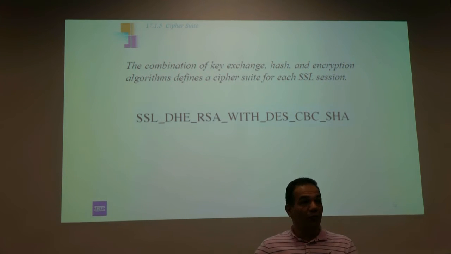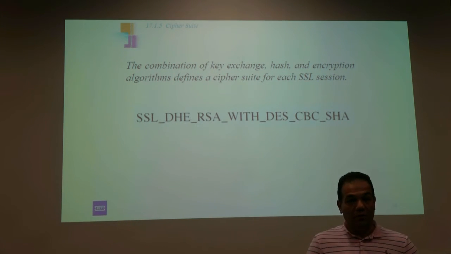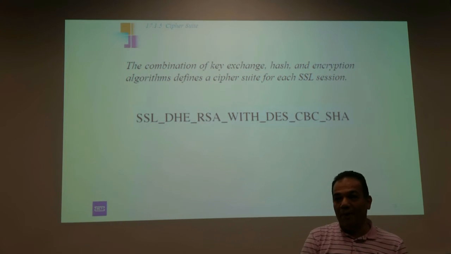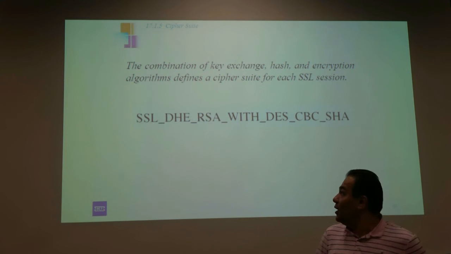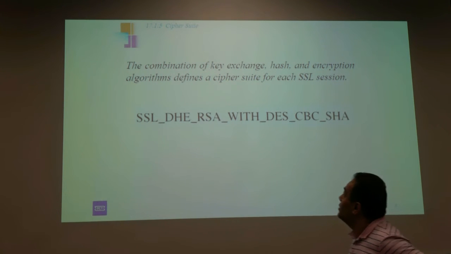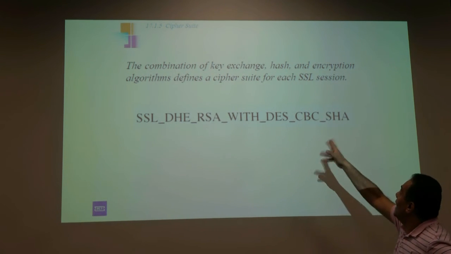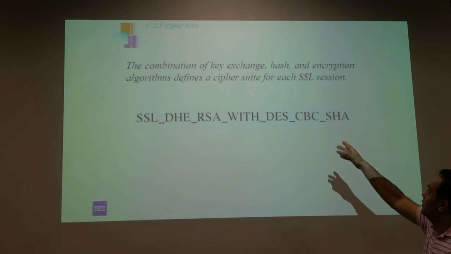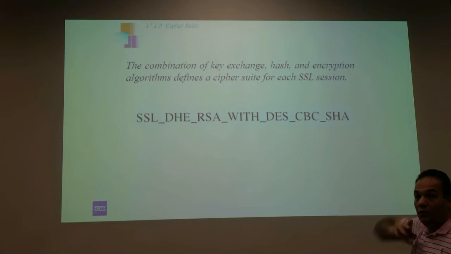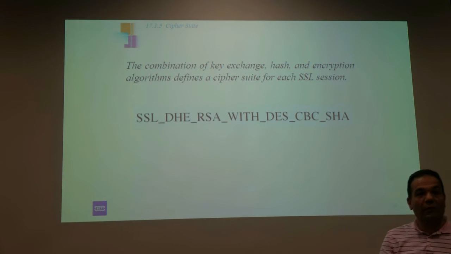It's like we have to build a suite. You could mix and match, so the client and the server have to agree on one of these suites. The combination of key exchange, hash, and encryption algorithms defines a cipher suite for each SSL session. We're going to talk about it later.